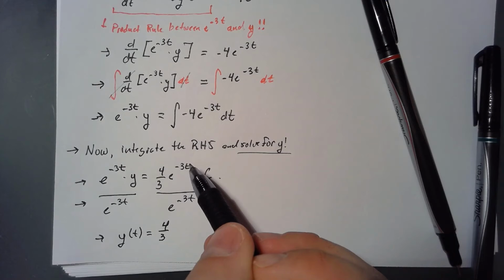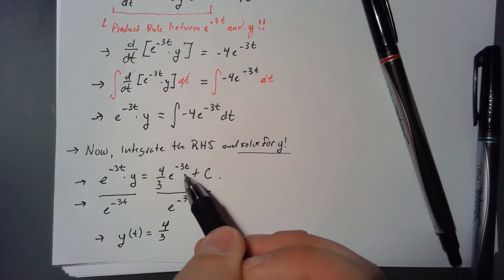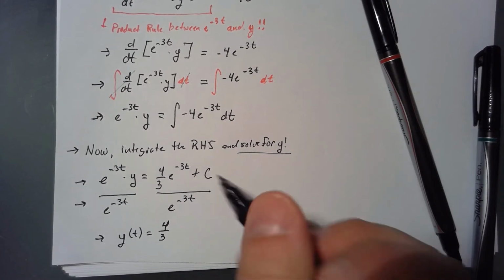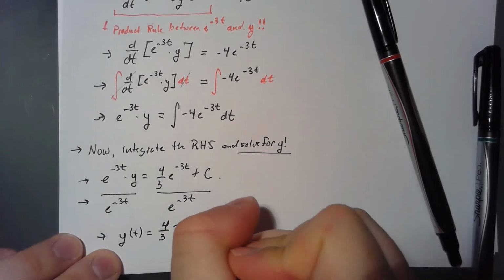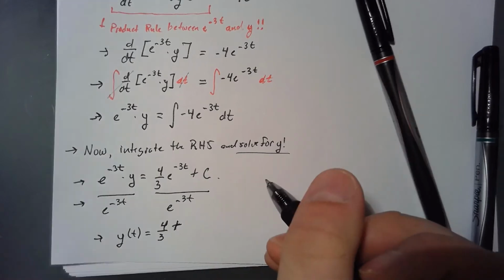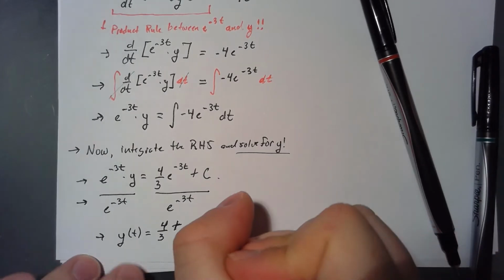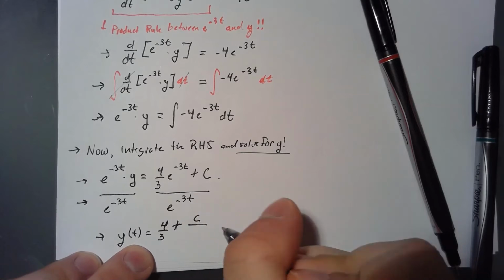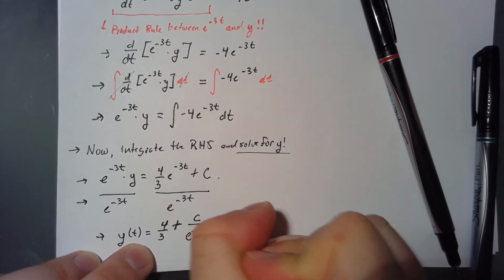Well, e to the negative 3t over e to the negative 3t, what happens there? It cancels out, okay? Plus c over e to the negative 3t.